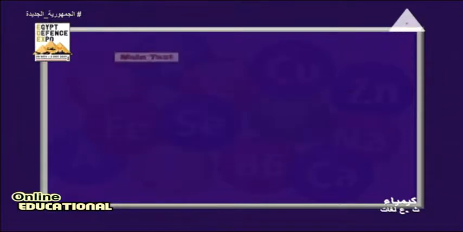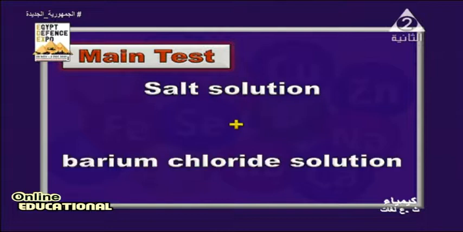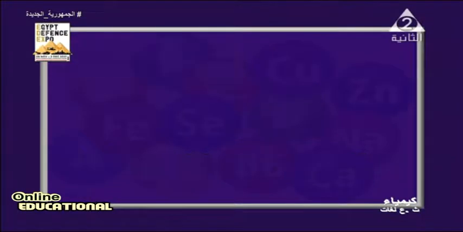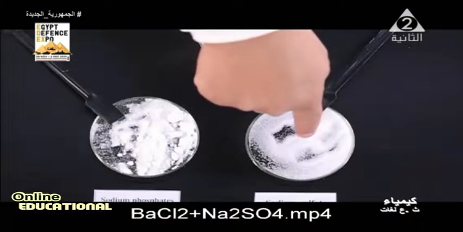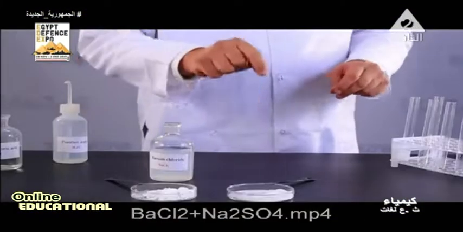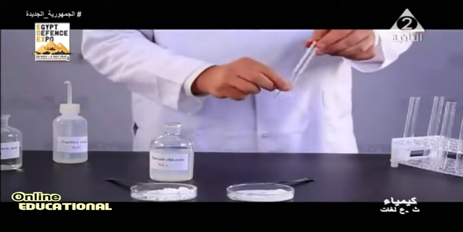Sulfate anion. Here the main test: the salt solution plus barium chloride solution. What happens? Here it gives white precipitate of barium sulfate, which is insoluble in dilute hydrochloric acid. Here we use the salt solution of sodium sulfate.